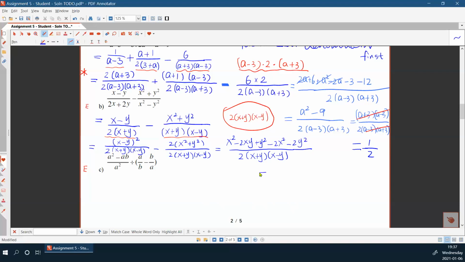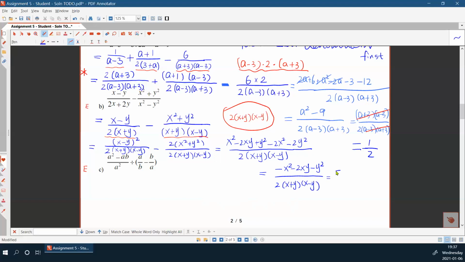Okay, what's left there is minus x squared minus twice of xy minus y squared.